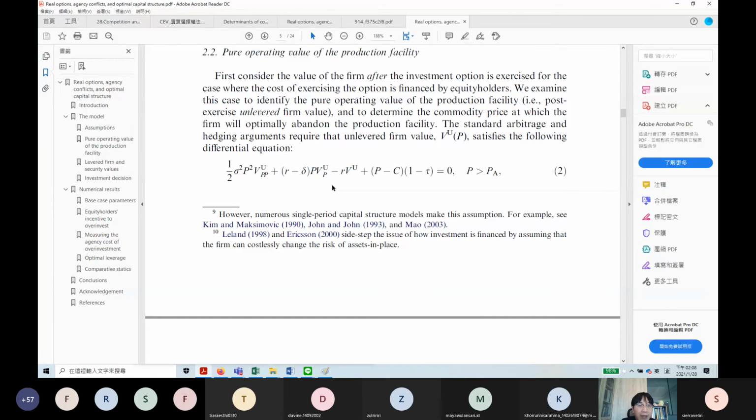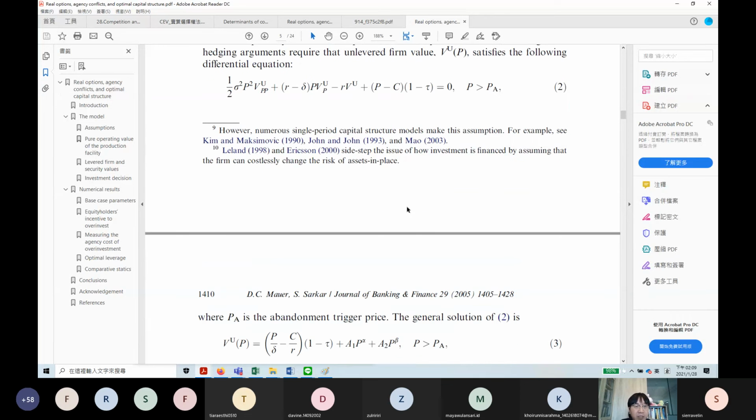Why do we have to find the criterion for the debt holder? We know in corporate finance, debt holders have priority, right? So we have to take care of the debt holders.